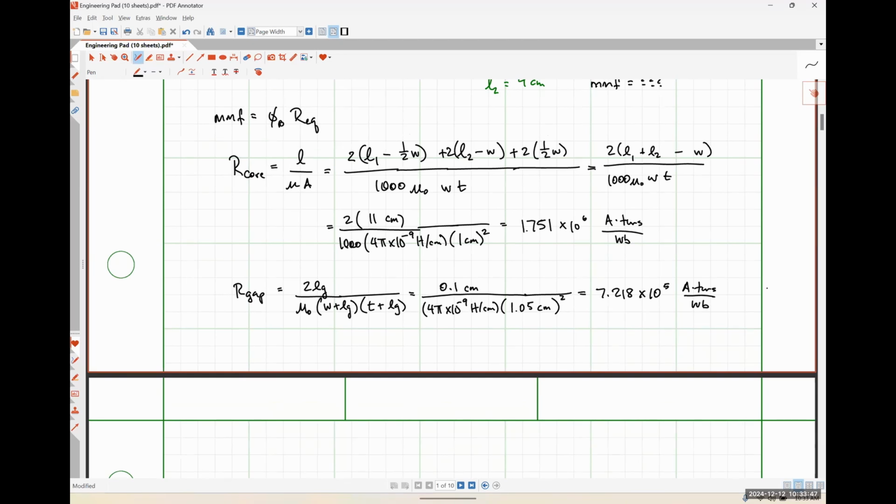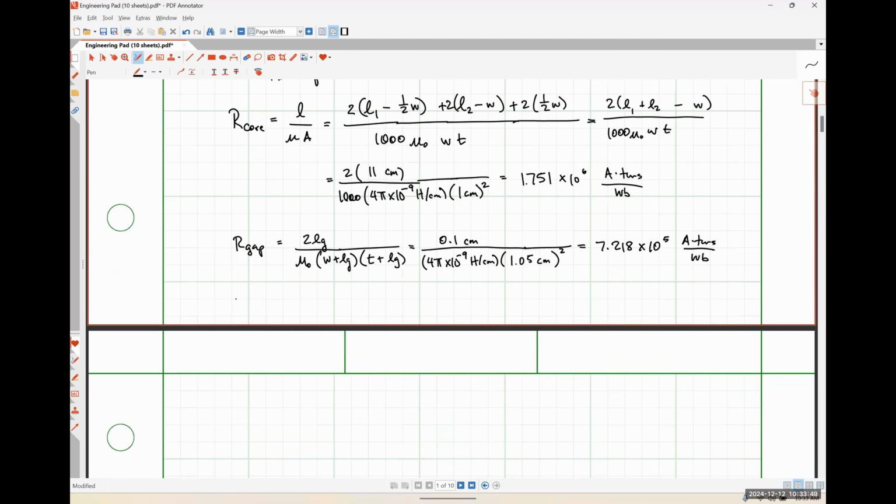All right, so adding these two together, our equivalent reluctance is just what's seen in the core plus what's seen in the gap. Oh, I'm dumb. Is it the six? Yeah, that was what I was getting. I just miscounted the number of digits.